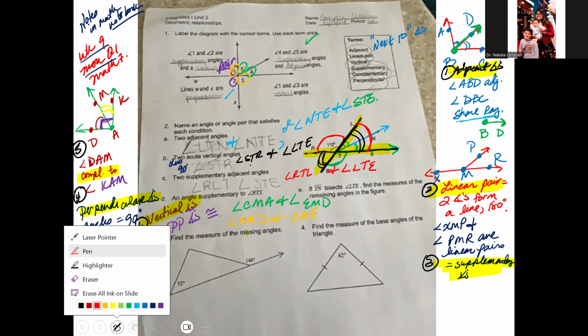So RTL is this right angle. That is going to be supplementary to this other right angle, which is angles LTE. And one thing you should notice is that they both share the letter T in the middle. And the reason for that is because they both share this dot, which is called the vertex, okay?